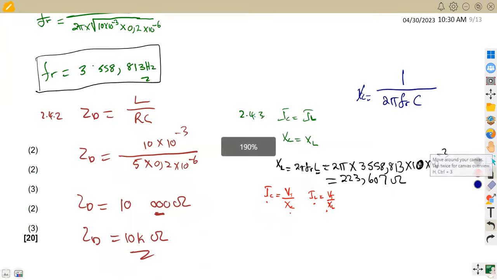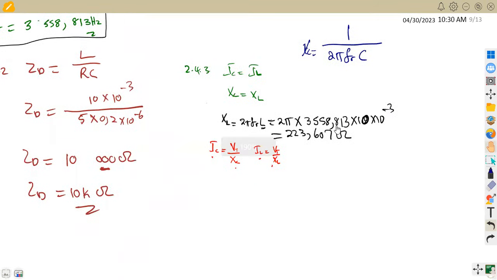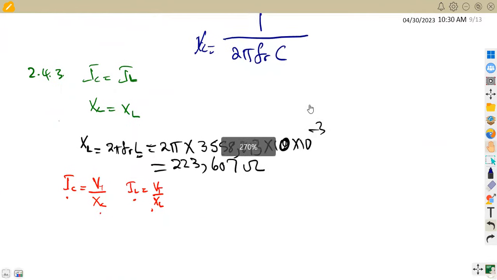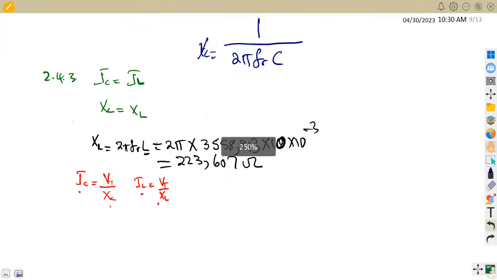So now to calculate the current, which is for IC or for IL, like I said, since these two are actually the same, then we can use IL. Since we calculated XL in this case, that means IL is going to be VT over XL, which is equivalent to IC.